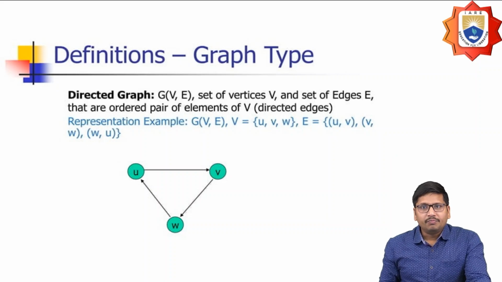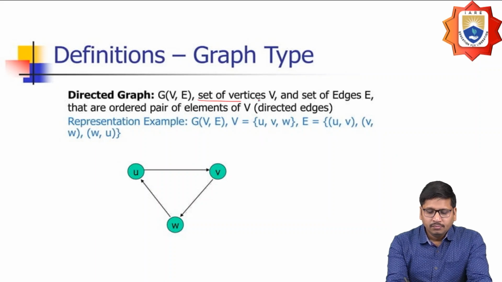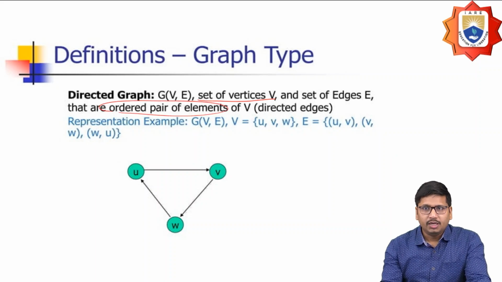And a directed graph is a graph where the edges maintain directions, and it should be defined as G of V comma E, a set of vertices and a set of edges, where an ordered pair of elements is maintained. That is nothing but a directed edge.